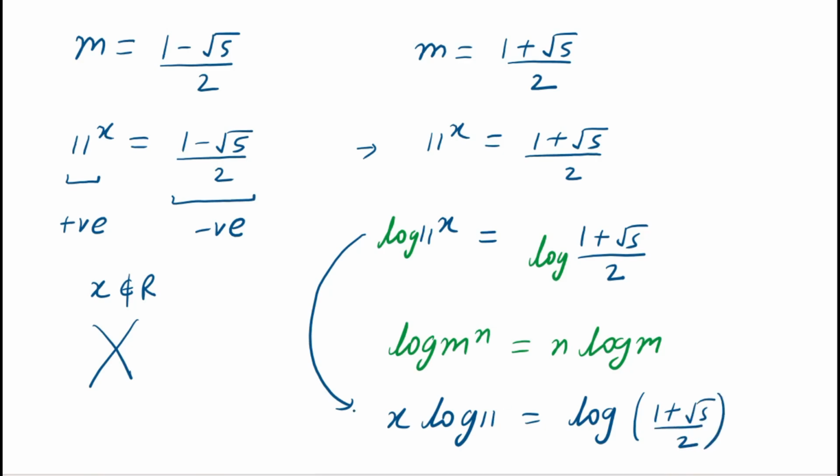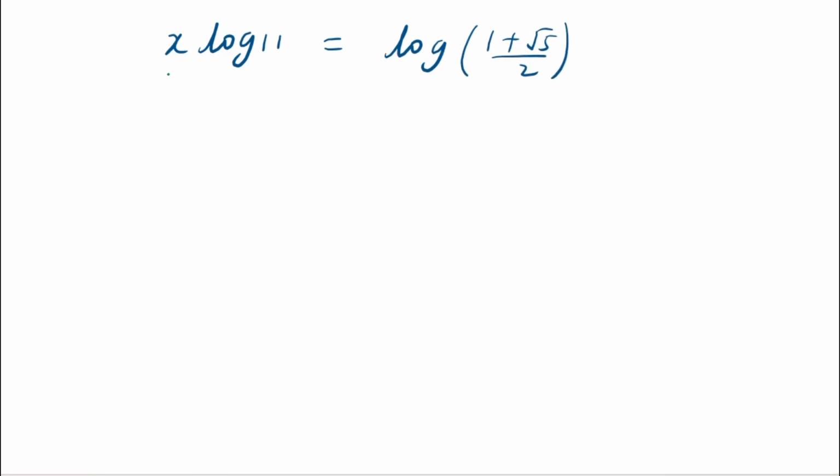Now first we will write this expression on the next page. Then on the left hand side x times log 11 = log of (1 + √5)/2. Now divide both sides by log 11.